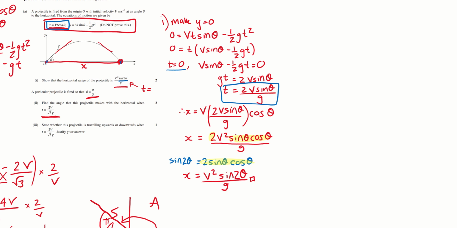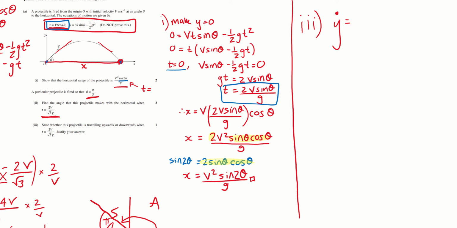Now, the most obvious way I can think of, and there could be more than one, is if I just find the vertical velocity at that time, if it's positive, it means it's going up. If it's negative, it will mean it's going down. So if I find the vertical velocity at that time, that's going to tell me positive or negative answer what it's doing.